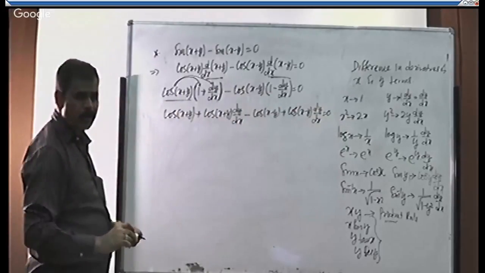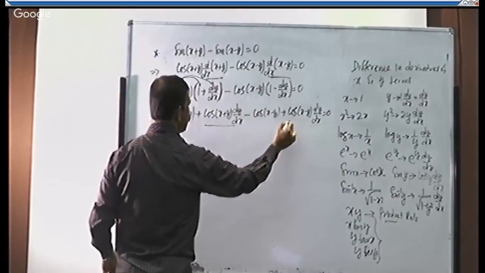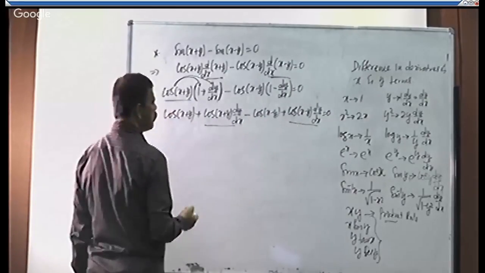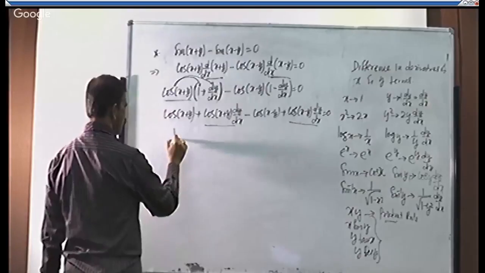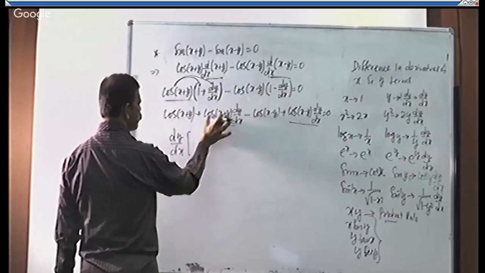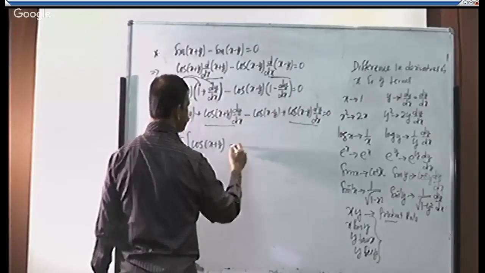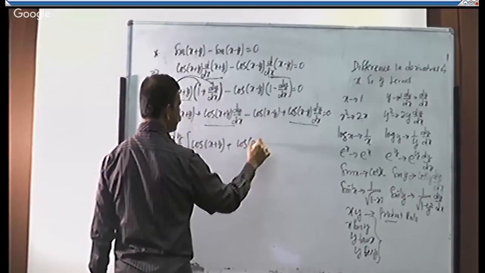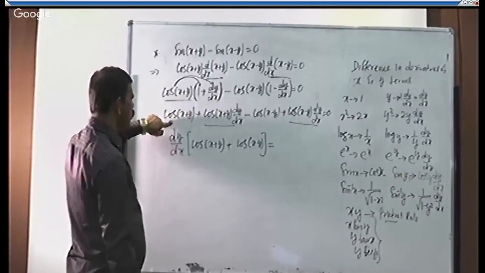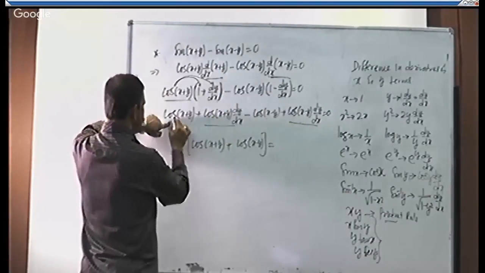Now we got all individual terms, right? Keep the dy by dx term at the left side and others to the right side. In the underlined terms, we have dy by dx. I am taking dy by dx common. So what is remaining here? Plus cos of x plus y plus cos of x minus y is equal to what? This first term and the third term don't have dy by dx, therefore they are transferred to the right side.